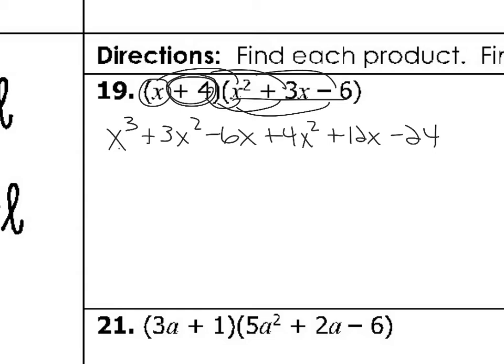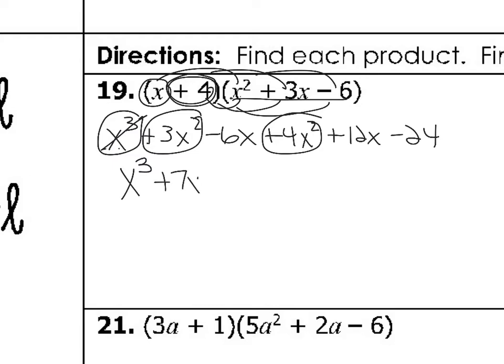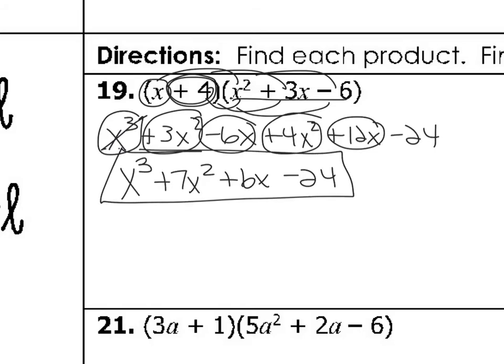All right. X cubed, standard form, is the highest exponent, so it's going to go first. Then we got a 3x squared and a 4x squared, so it's 7x squared. We got a minus 6x and a 12x, so it's going to be plus 6x, and then our constant, minus 24.